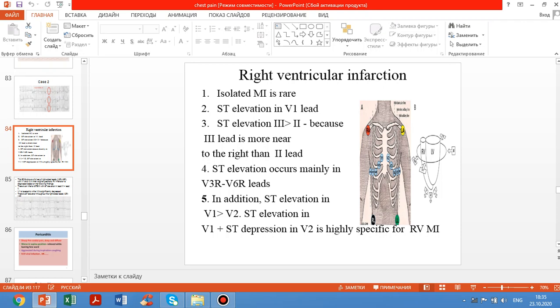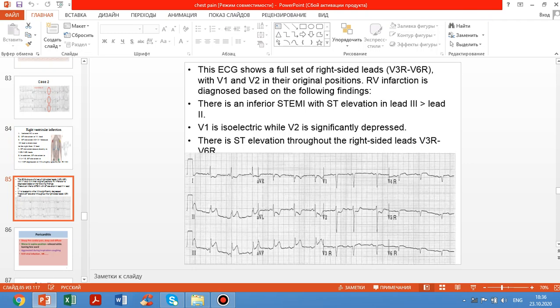ST elevation occurs mainly in V3R, V6R leads. In addition, ST elevation in V1 is more than in V2. ST elevation in V1 plus ST depression in V2 is highly specific for right ventricular myocardial infarction.